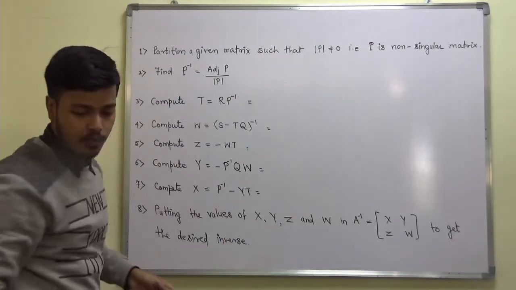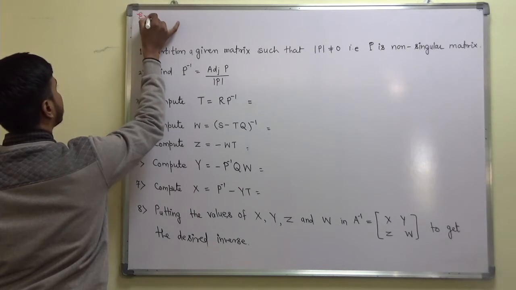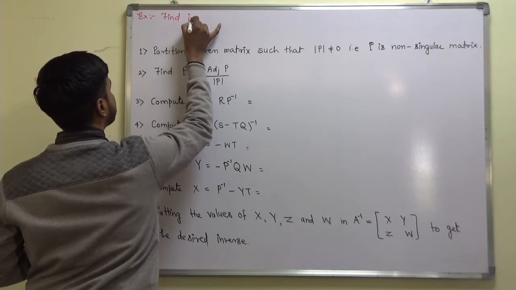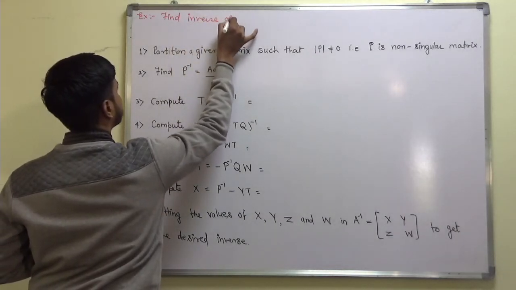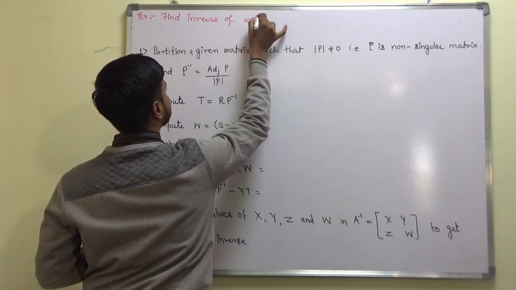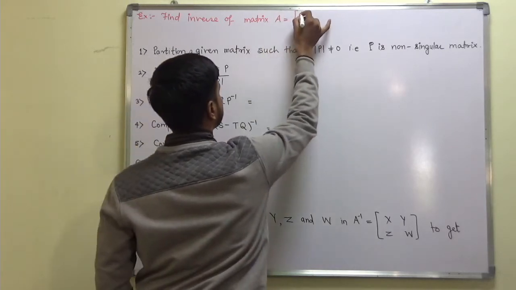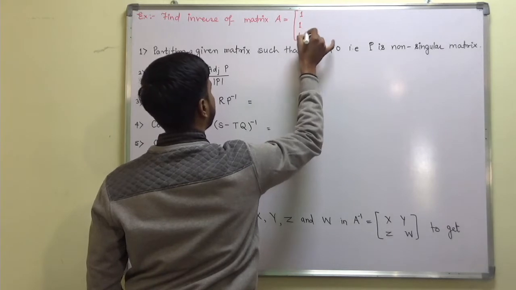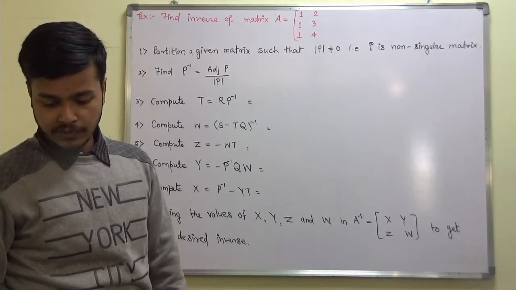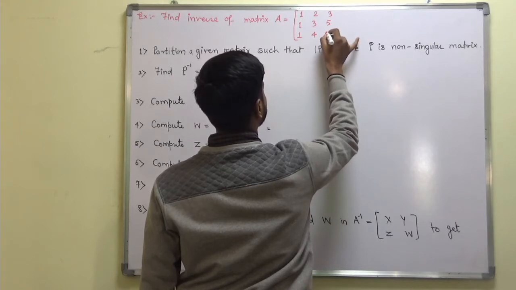Example number 1: find inverse of matrix A is equal to 1, 1, 1, 2, 3, 4, 3, 5, 12.